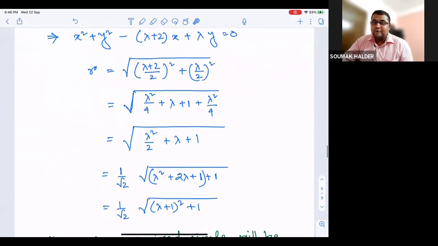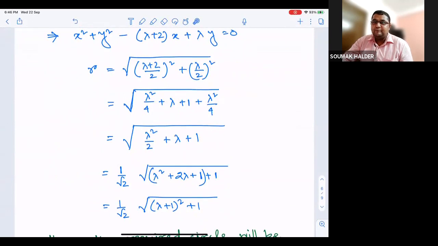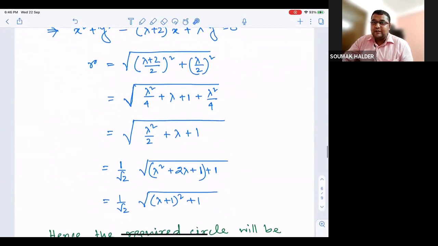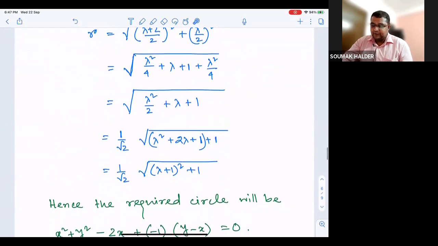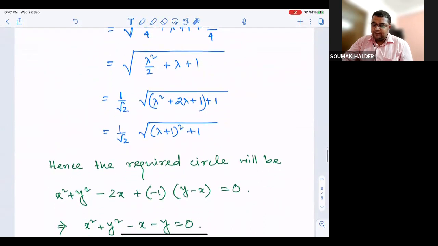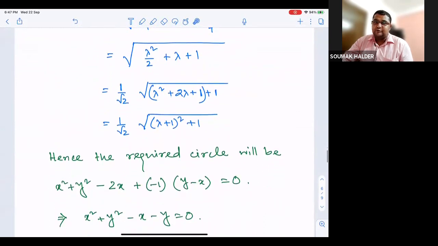So we have transformed the radius into this form, which is conclusive that it will be least if lambda is minus 1. So for lambda equals minus 1, we are going to have the smallest member of the family, the circle which will have AB as diameter. Okay, so the required circle will be x square plus y square minus x minus y is equals to 0.